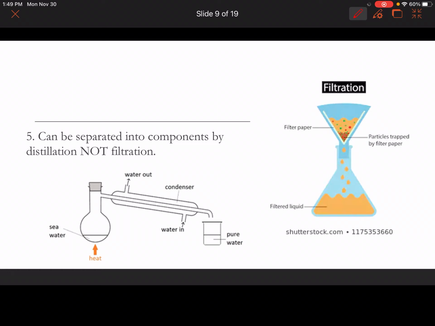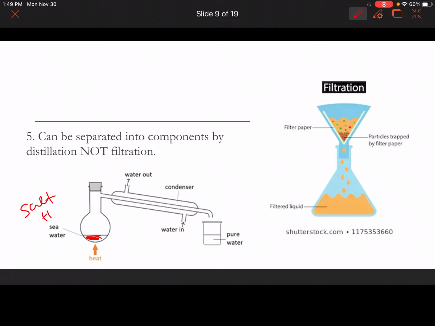Next, number 5, it can be separated into its components by distillation, not filtration. So the image on the left there is distillation. So if we look here, we've got water. This would be our water in here. Now, as we heat it, this is seawater, so this would be salt water.